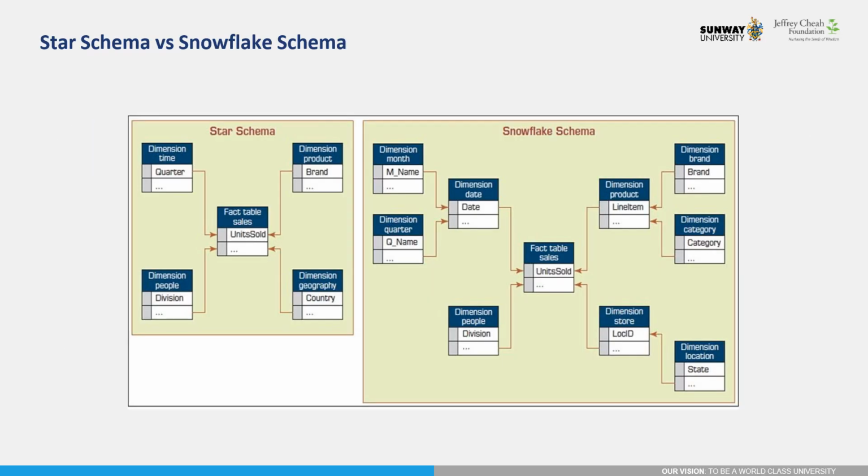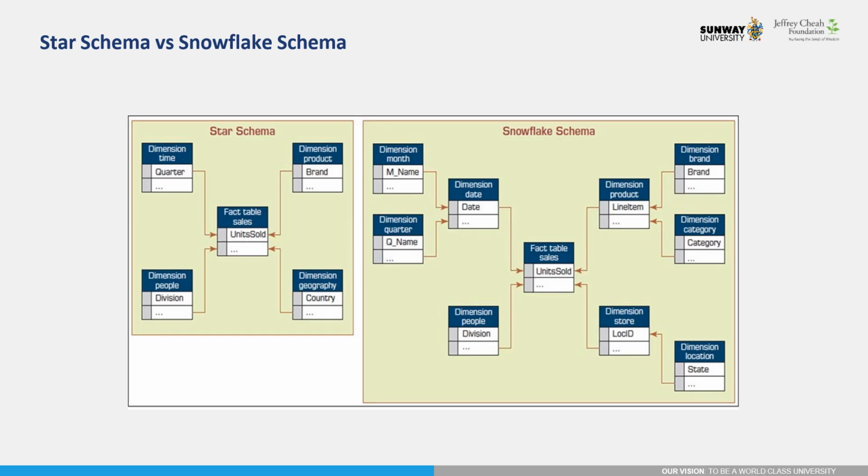If you talk about the star schema, one unit depends on four different dependencies. In the snowflake schema, we have subsets of that particular item or dimension. For example, the product dimension has a further subset. This is called the snowflake schema.